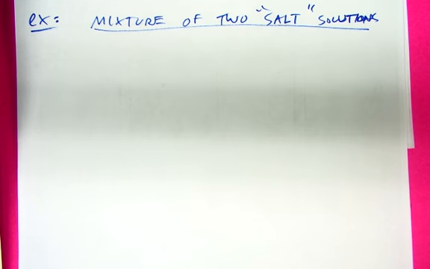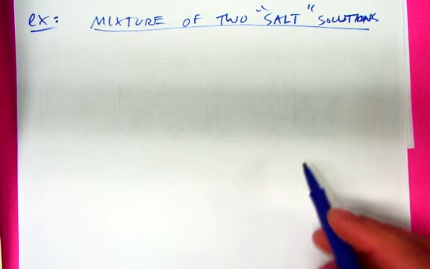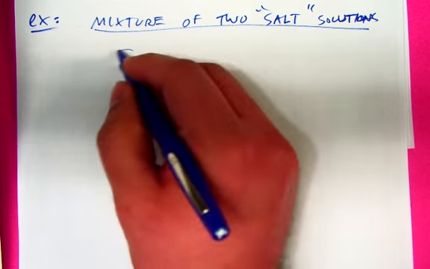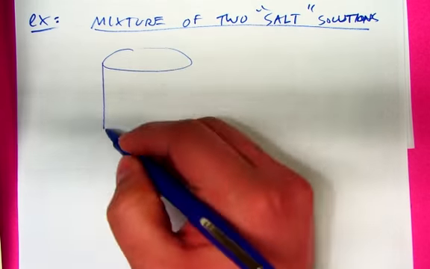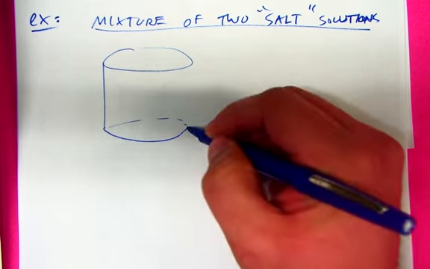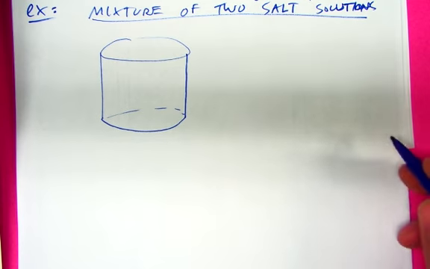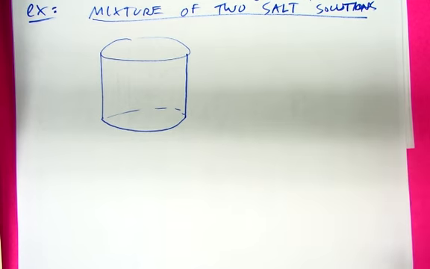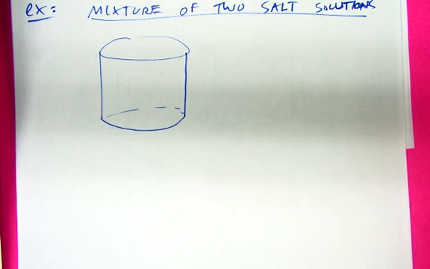This could be any kind of solutions, but the idea is that you have some tank. It's going to be an example, but I have to set it up first.